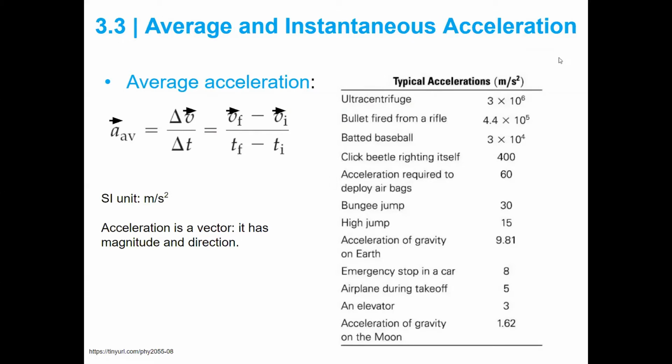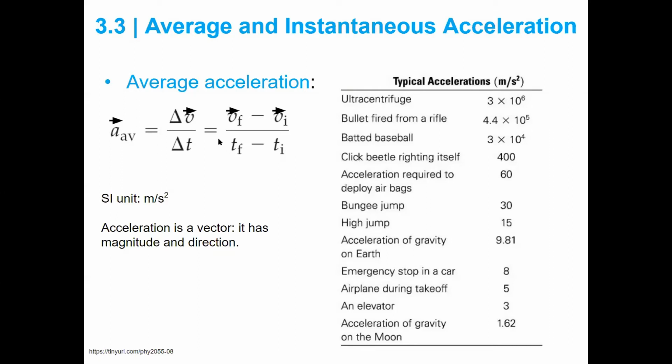So say your initial and final velocities are different, then you can calculate the average acceleration over these two time instances, the final and initial. So you do change in velocity divided by change in time, which means final velocity minus initial velocity divided by final time minus initial time.